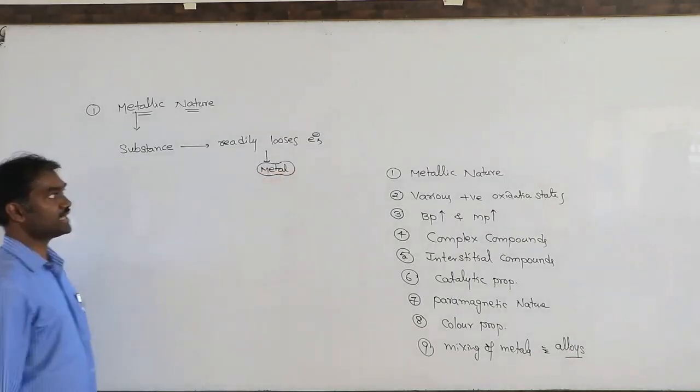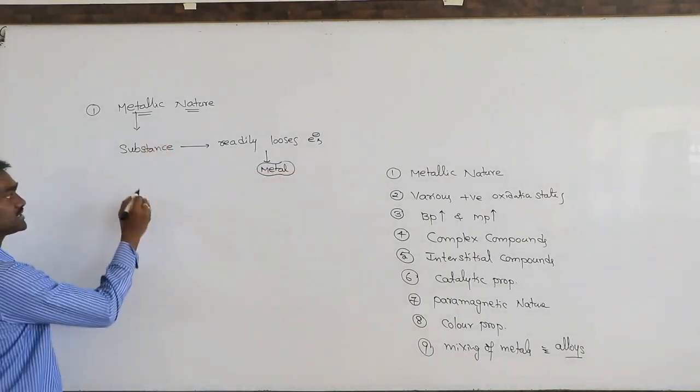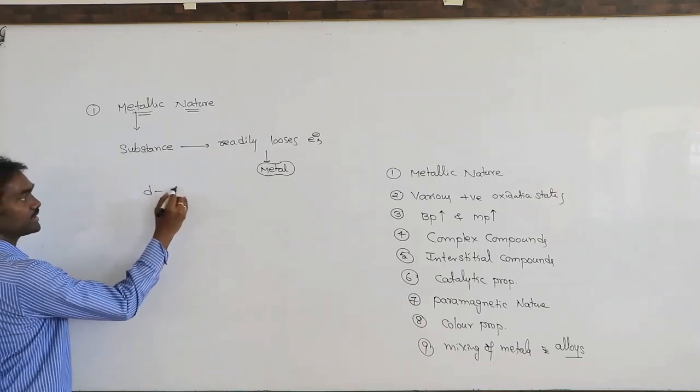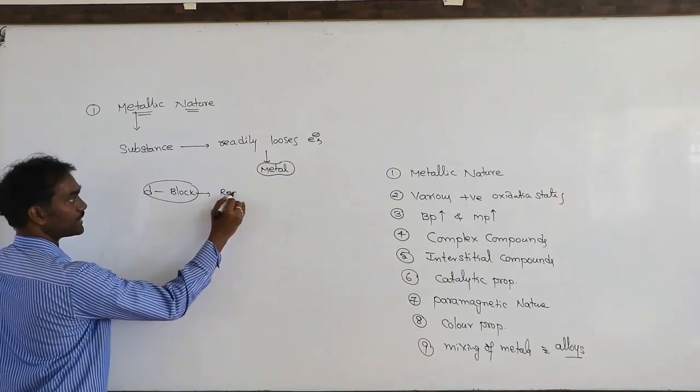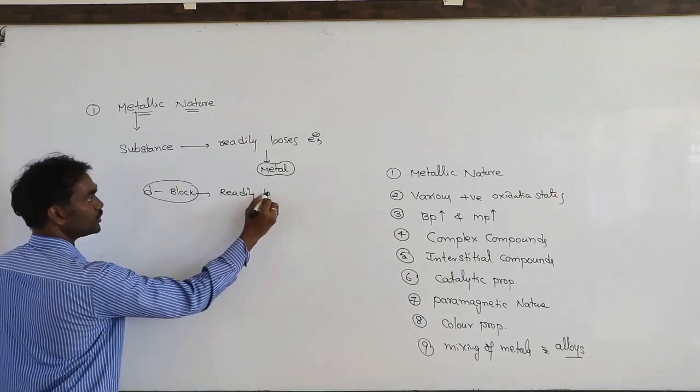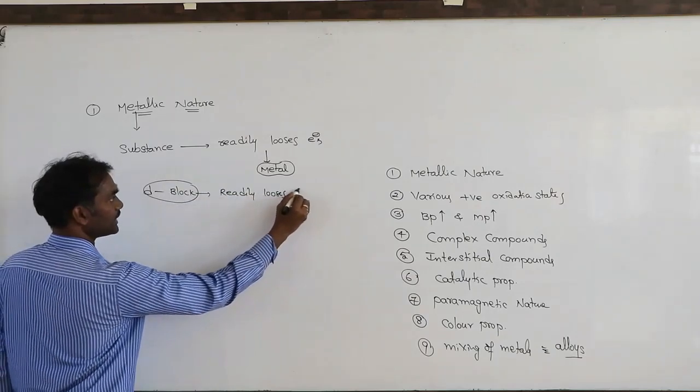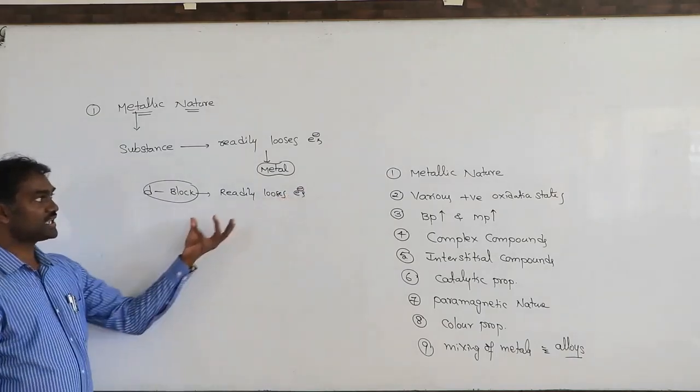That means D block elements readily lose electrons. How much is the losing capacity?